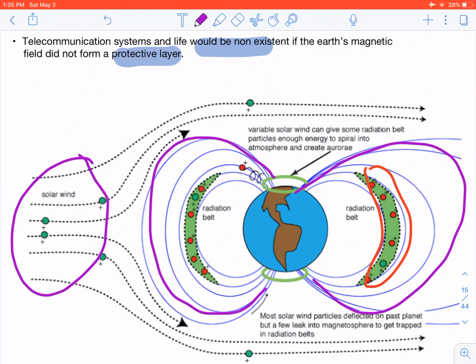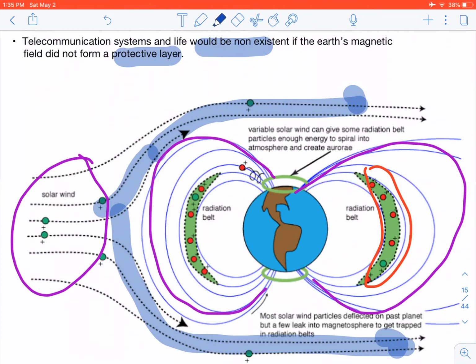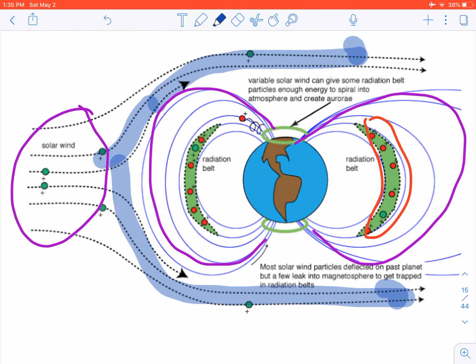They could be charged particles, alpha particles, or electrons, and as these particles move, they are deflected by the Earth's magnetic field and go past, so they are prevented from coming into the Earth.